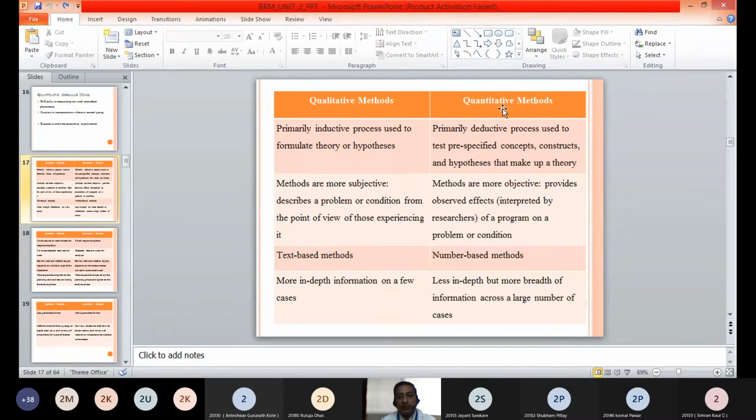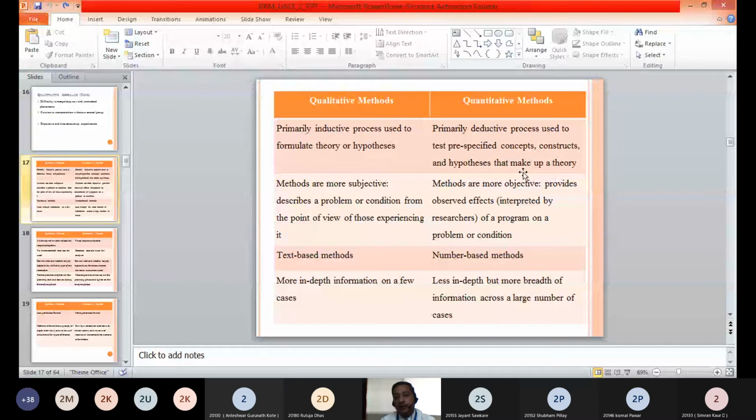Moreover, quantitative methods are more objective in nature, that is, specific to the point. The numerical data which we get provides observed effects, interpreted by researchers, of a program on a particular problem or condition. So in quantitative methods, the data or information which we generate is more of an objective type. Objective means specific to the point.